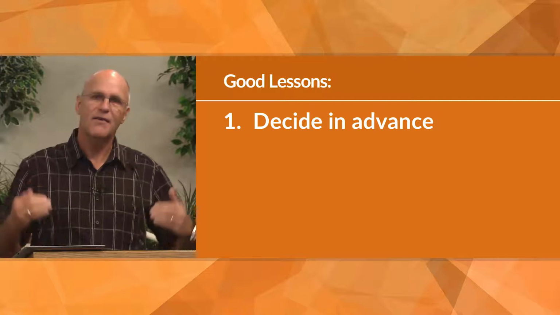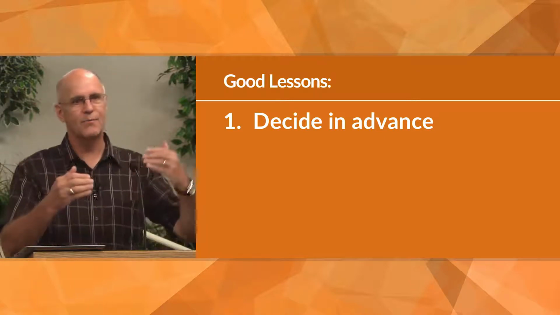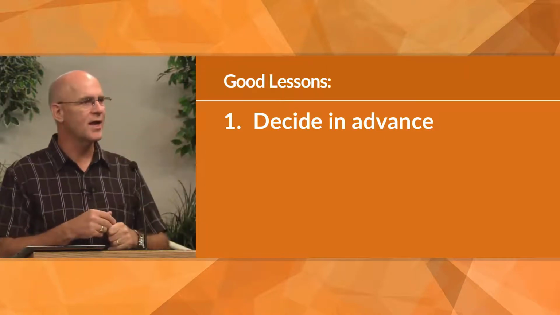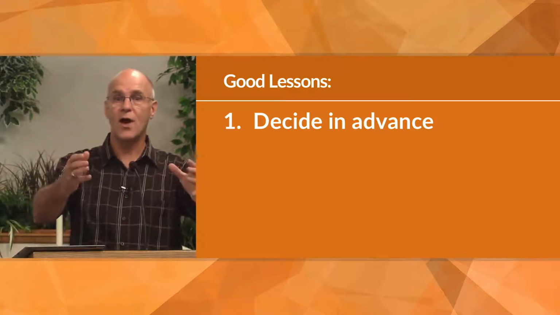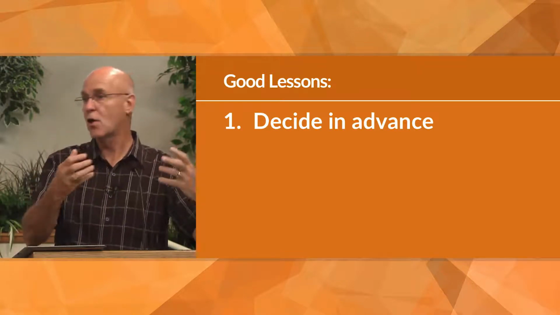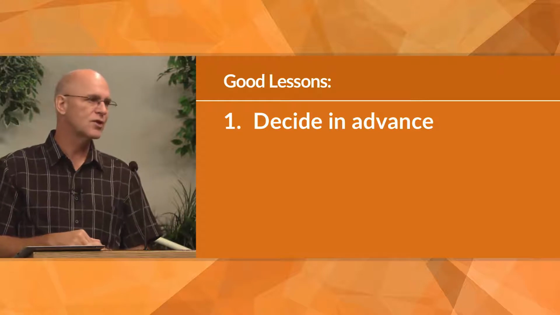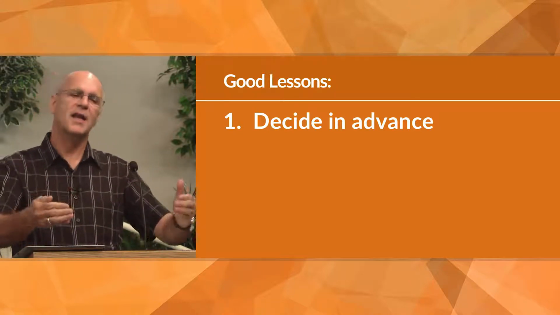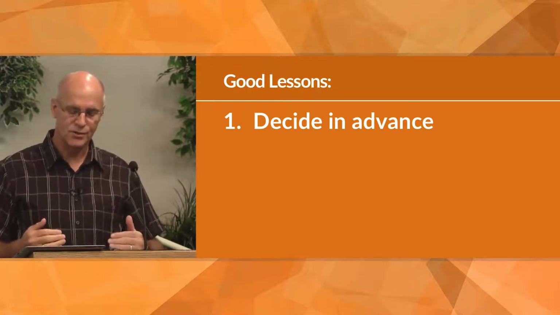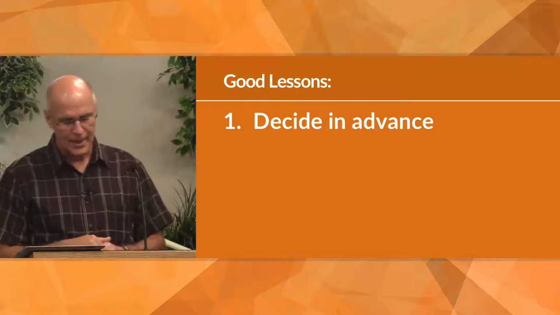We need to decide in advance if something's going to happen, if we're tempted in a certain way, if somehow a situation arises that will tempt us to compromise what we believe, what is right. We need to decide in advance what we're going to do.